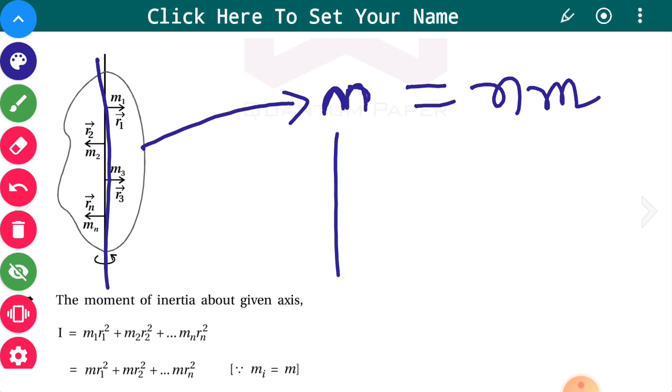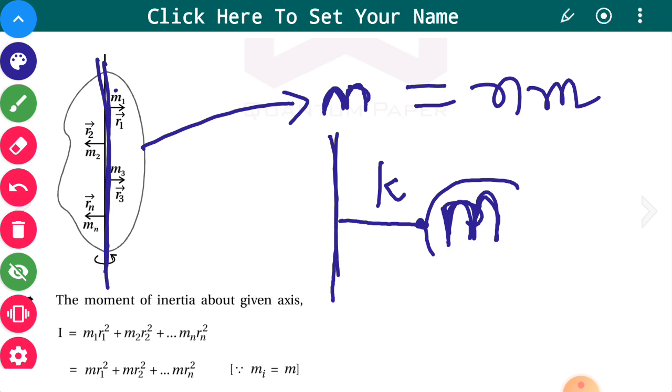Say this is your rotational axis, the same rotational axis I have shown. Now you consider a particle whose mass is M, equal to the total mass of the rigid body, which is at distance k from the rotational axis. And the moment of inertia of this is the same as that of this particular rigid body, then this distance k is known as the radius of gyration.